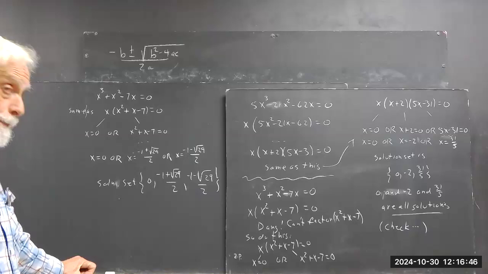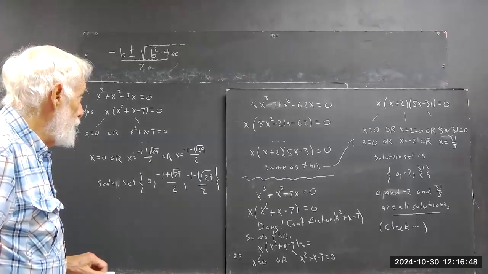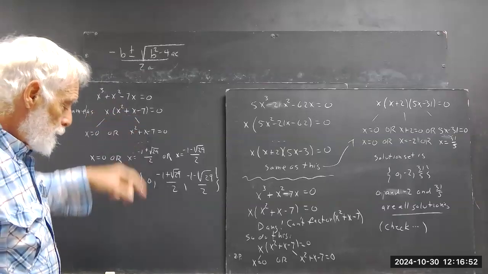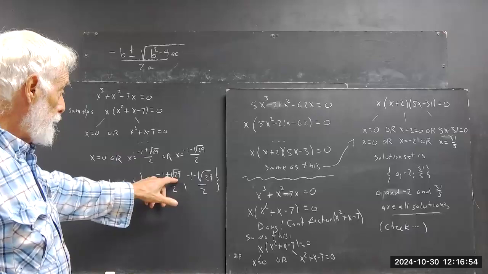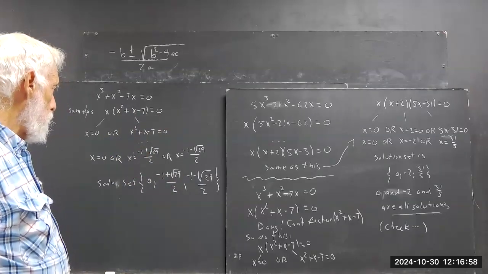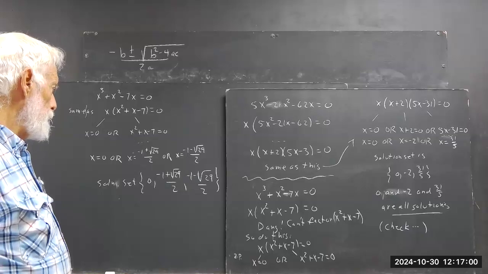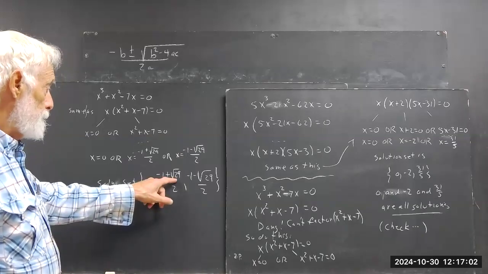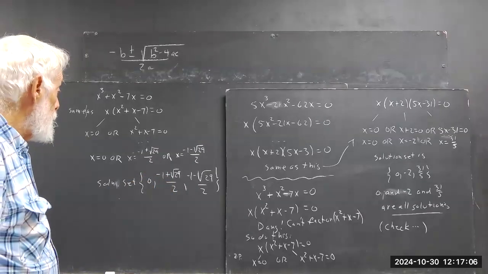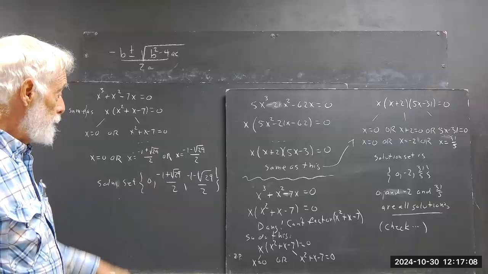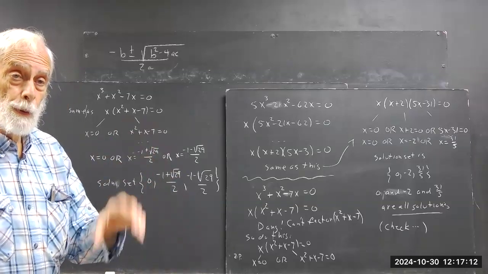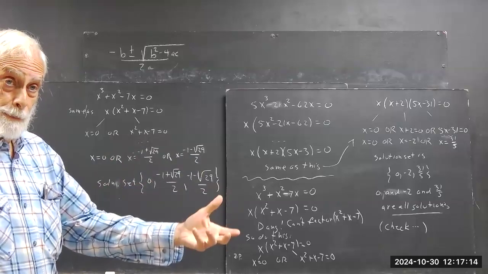Now I'll mention that if this were a plus 7x, well, that would have given you a negative 27 under the radical. If you get a negative under the radical, it's not a real number, because you can't take the square root of a negative and get a real number.